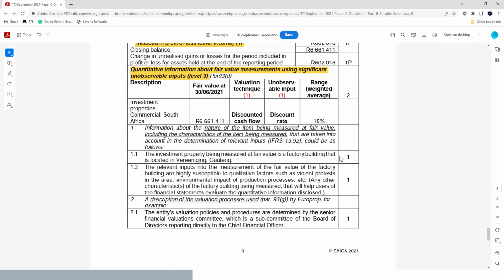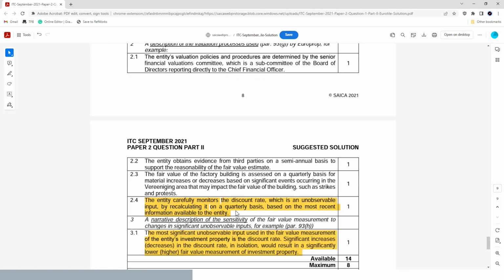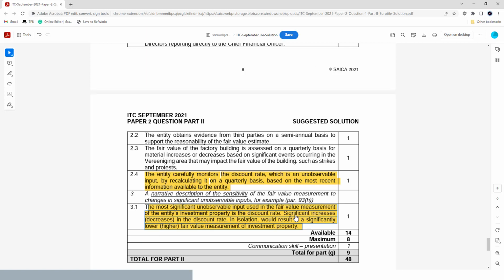Then you would have said something along the lines of, okay, fine, this particular building, but simply by stating what the fair value measurement is, what the quantitative measurement bases are, and what the qualitative measurement bases are, you would have had yourself covered. And that is how we got 23 out of 48 on this paper.